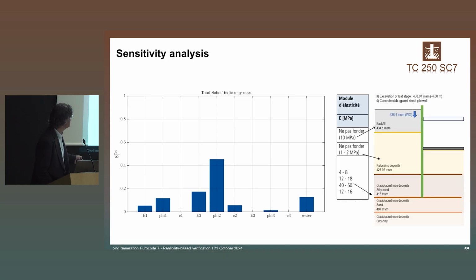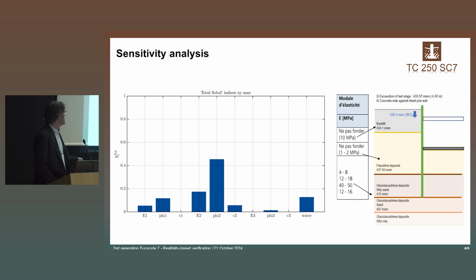You see also that I just combined these three in just one geotechnical unit, but these three have very little to do with what happens here, and there is some kind of influence of the water level, which is somehow logical. So this is for the sensitivity analysis.